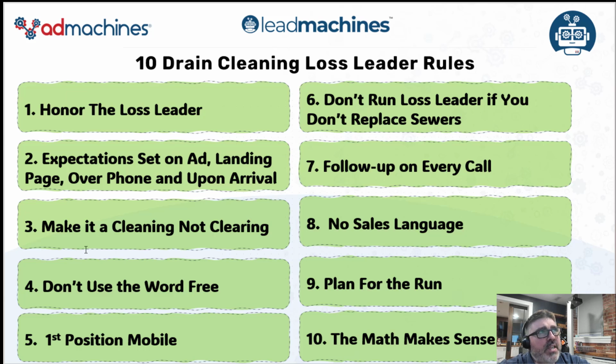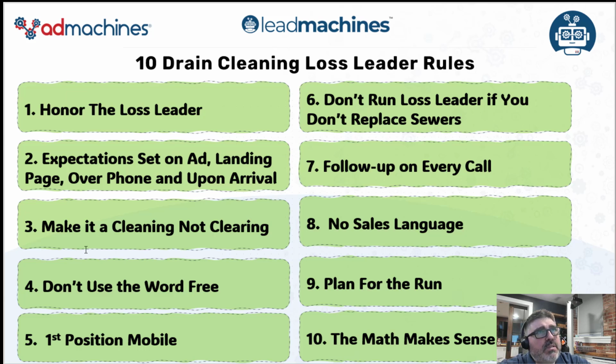Some basic common sense things, some basic common sense business practices. First and foremost, we want to honor the loss leader. And what I mean by that is if you go into any major market right now and you find a drain cleaning company that's advertising a $29 drain cleaning, a $39 drain cleaning, and you look at their reviews, you're going to see negative reviews around bait and switch.